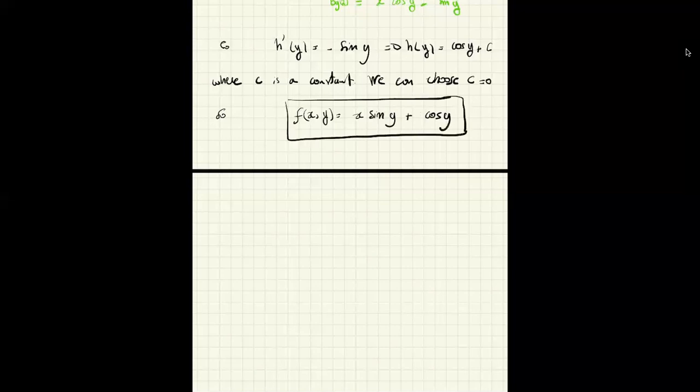Okay, and now you can check that. You can always check and make sure that you didn't make any error. Check that the gradient of f is equal to the vector field.